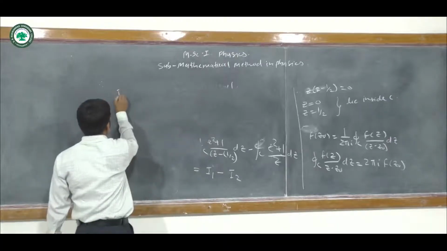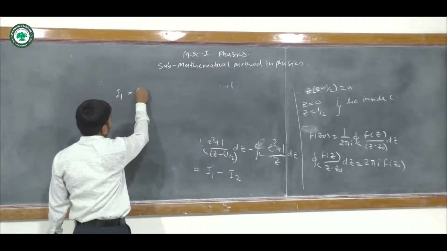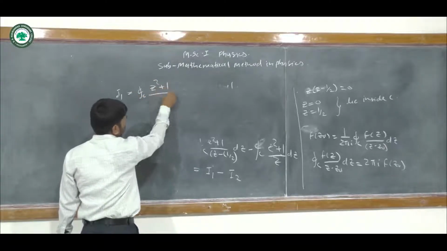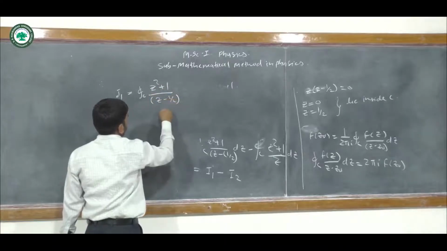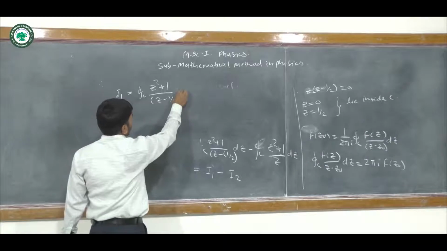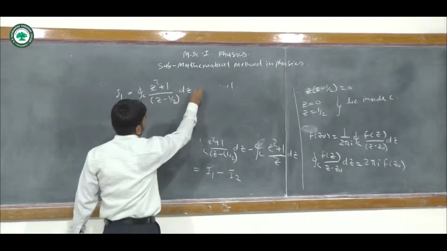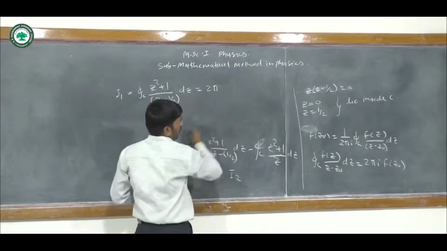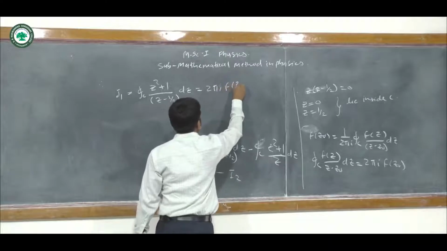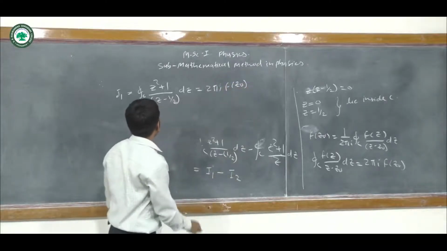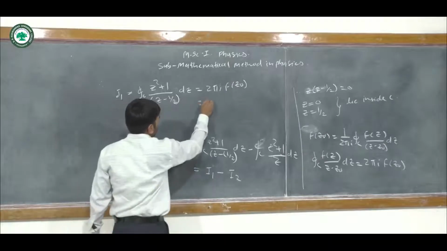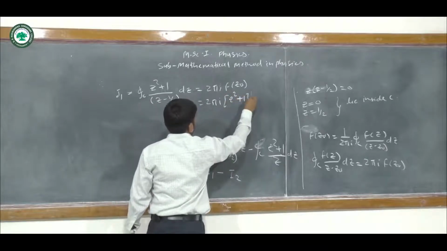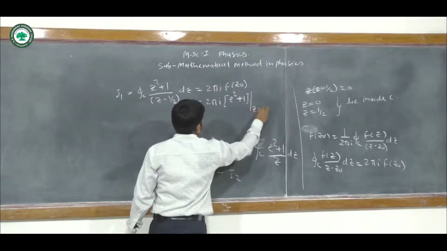From this, I1 is equal to the closed integral C of z square plus 1 divided by z minus half dz, which is equal to 2 pi i f of z naught. And this f of z is given as z square plus 1, so we evaluate at z is equal to half.